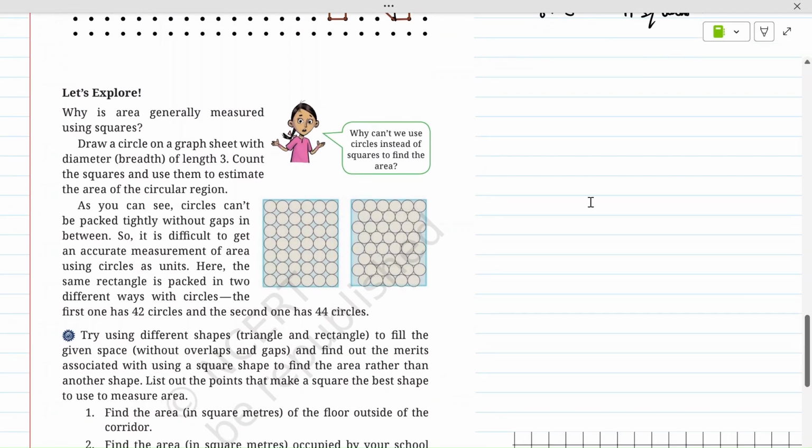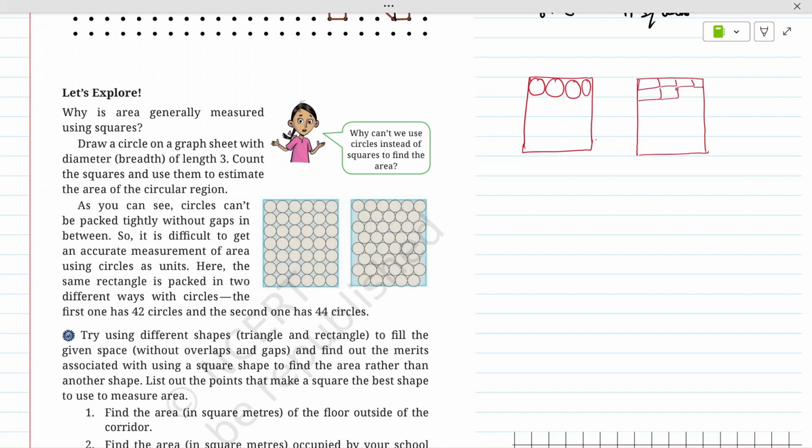Okay, so why is area generally measured using squares? What they are saying is that if we have any area, what would we prefer to measure that area with, circles or squares or rectangles? Which one is more preferable and why? So kids, understand this.